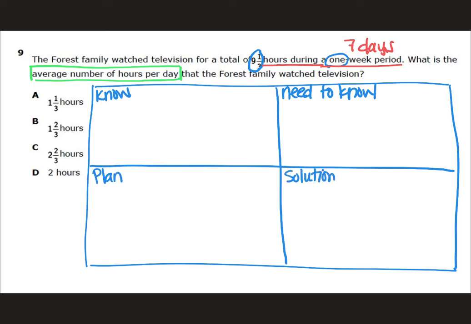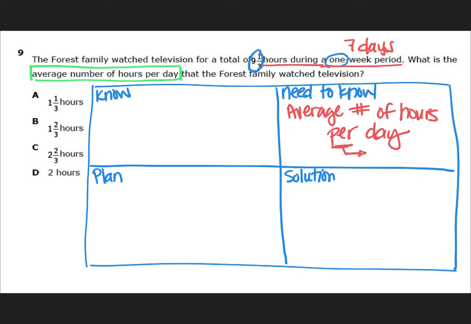Okay, so what we need to know, that's the one I always like to do first, is our end goal: the average number of hours per day. This tells me that I'm looking for a unit rate.